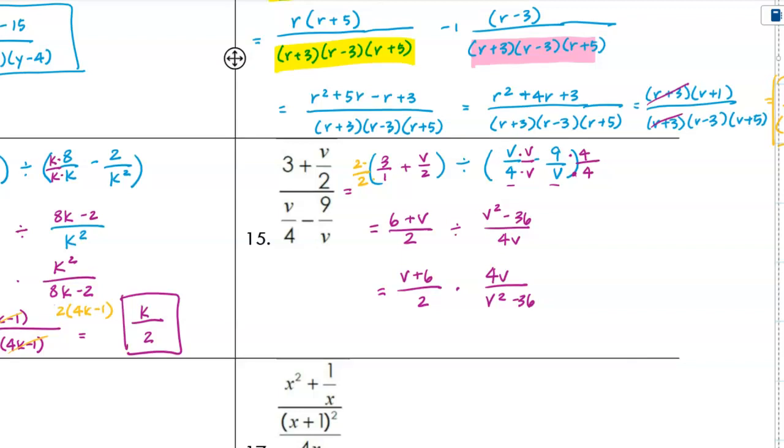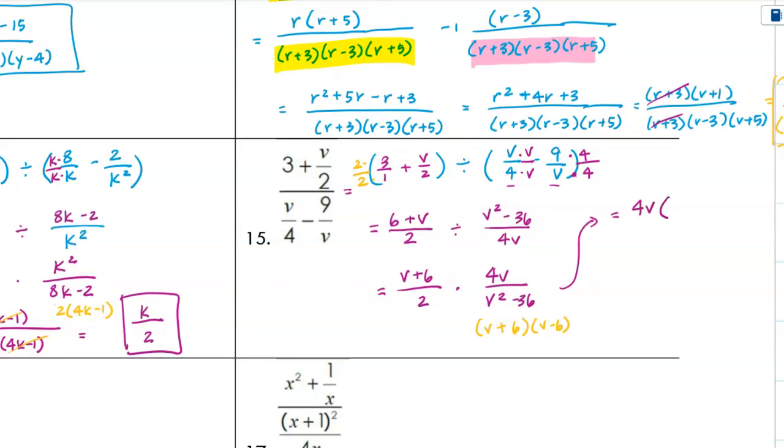Okay, now I can factor this. That's not a perfect square trinomial, but a difference of squares. Let's go ahead and make it into one long fraction. So I have a 4v, v plus 6, 2 times v plus 6, v minus 6. We can start simplifying.